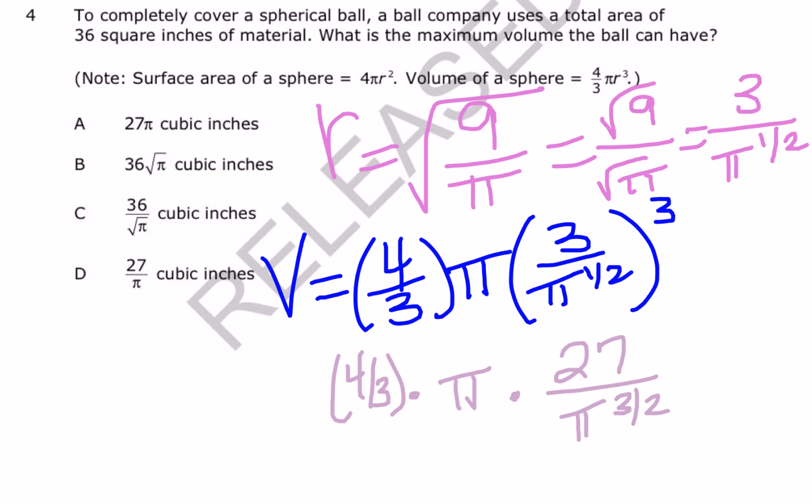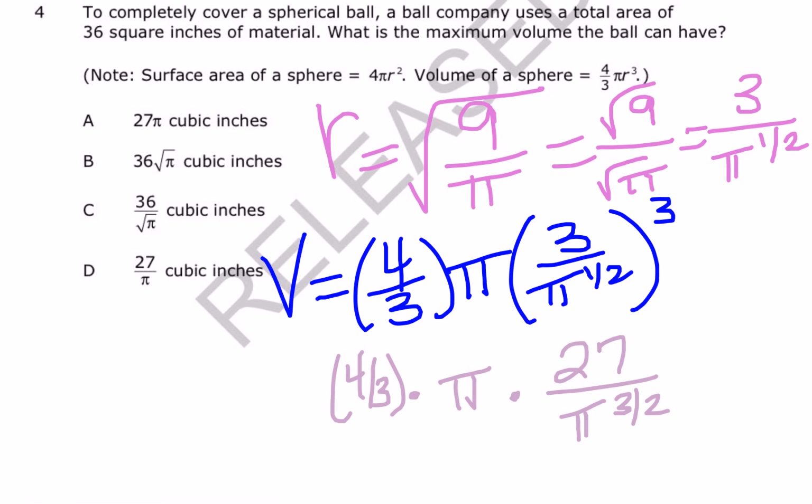So then I'm going to simplify. 27 times 4/3 gives me 36. And since I have pi, which is basically in the numerator, and pi to the 3/2 in the denominator, that means that I can divide them. So this is the same thing as saying pi to the 1st power minus 3/2, which gives us pi to the negative 1/2.